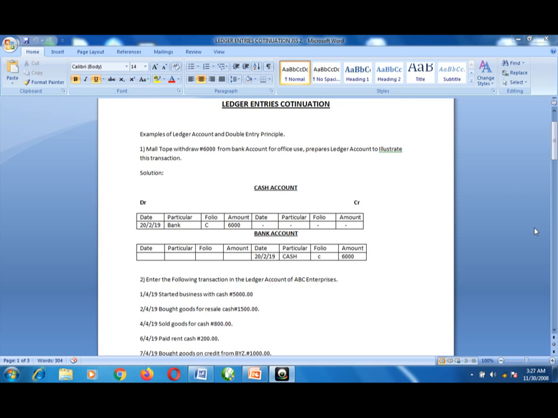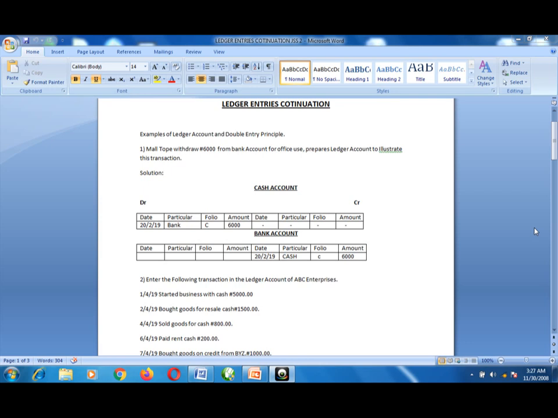Firstly, you will open a cash account. You call it cash account. Then you follow the rule of double entry: debit side and credit side. All the headings must appear at both sides. That is date, particular, folio, amount for the debit side, and the same thing at the credit side as well.